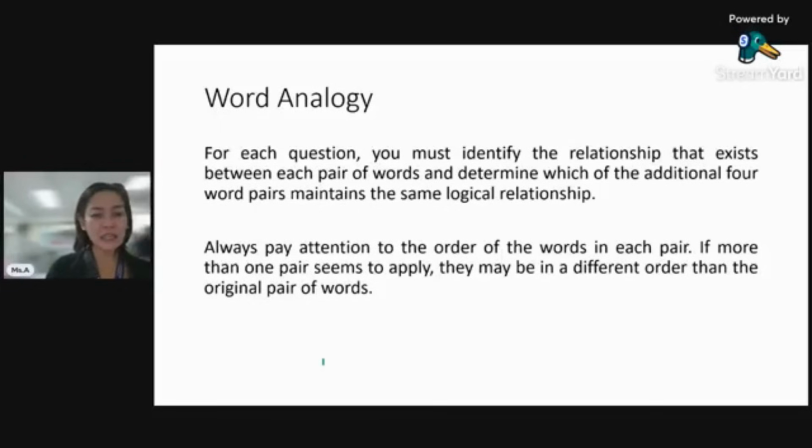So, tignan natin agad kung ano yung unang pair na ibinigay, and then meron pang isang word na ipini-pair dun sa mga choices na binibigay. You must always po pay attention to the order of words in each pair. So, if more than one pair seems to apply, they may be in a different order than the original pair of words.